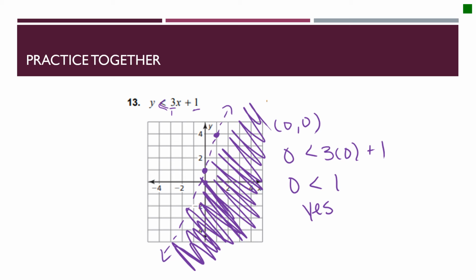So that's true, I'm going to shade where it covers the part that's true. So it's going to be everything underneath the graph. So again, it kind of follows that if this is a less than sign, then you would shade below. Sometimes it's hard to see. So anyway, testing a point is your second step.